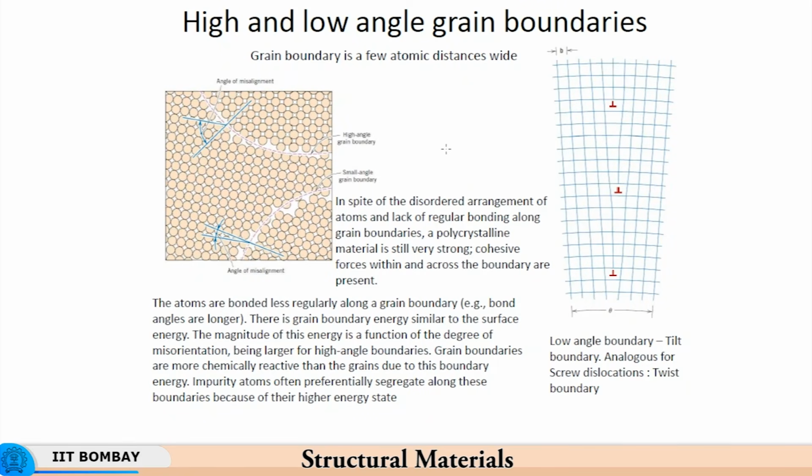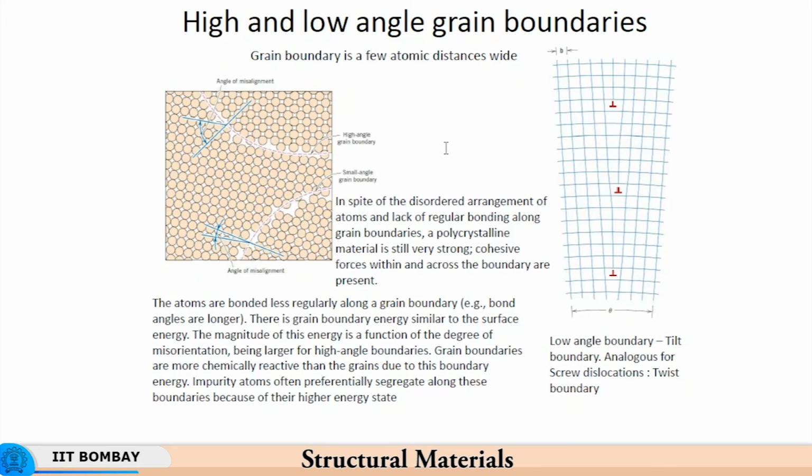So you have a high angle grain boundary and a low angle grain boundary. When you subject the material to a large amount of strain, you have high angle grain boundaries being generated. And if the material is not very work hardened, with a small amount of strain, the degree of mismatch between the two grains is relatively low, and you have what is called a low angle grain boundary.